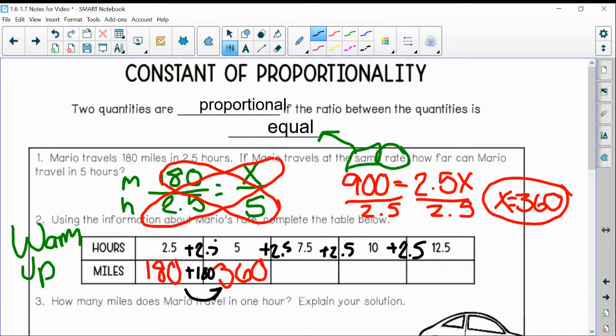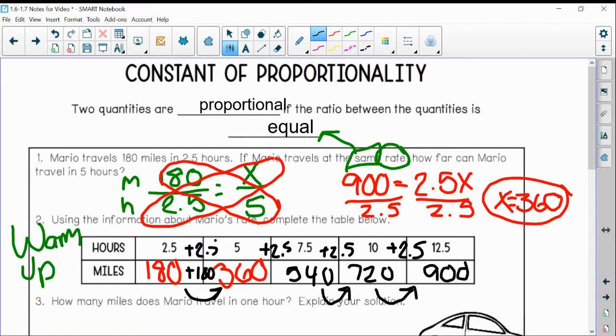So I increase 2.5 hours, I add 180. So 540. I increase 2.5 hours, I add another 180, because I'm hitting 180 miles every time. And it's not 180, it's plus 180. So we'd say that is 720. We go another 2.5 hours and add on 180 miles to our grand total that we've gone, and we're at 900.